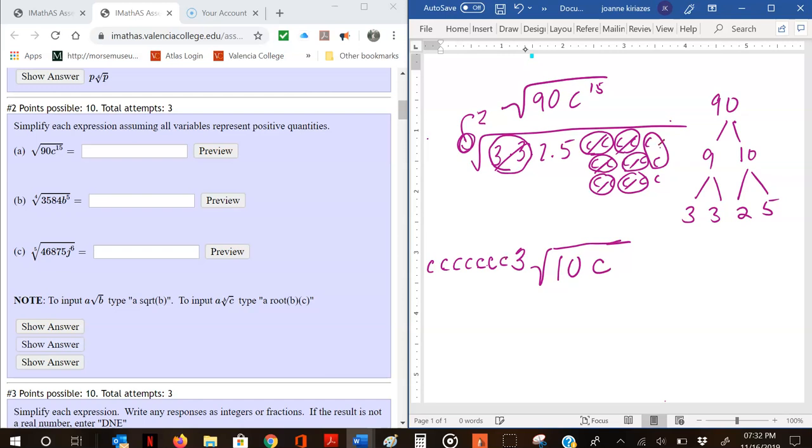So I have 1, 2, 3, 4, 5, 6, 7 C's came out, and then 1 3. So I have 3 C to the 7th, and then the square root of 10C.